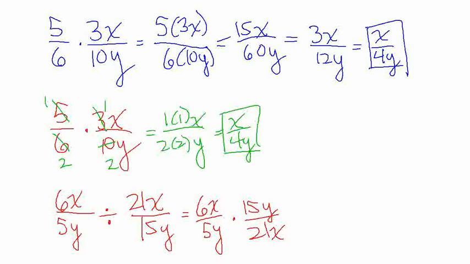Let's take advantage of my trick that I was just introducing to you. We have an x on top and an x on bottom. X over x is 1, so we can ignore that. Y over y is also 1. That's not going to do anything. 15 divided by 5 is 3. Now 3 divided by 21, I'm taking the 3 that I just wrote there. 3 over 21 is 1 over 7.